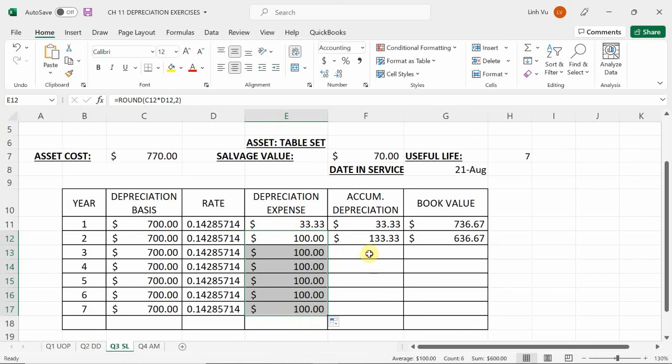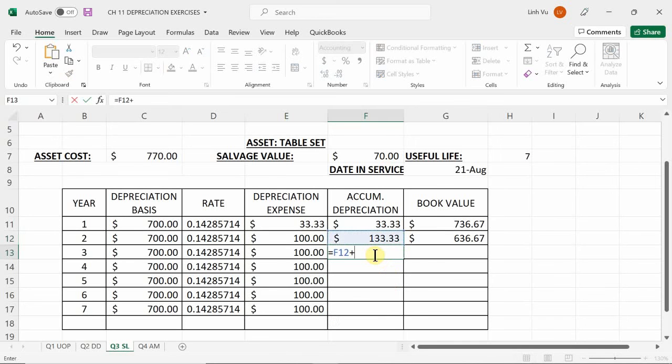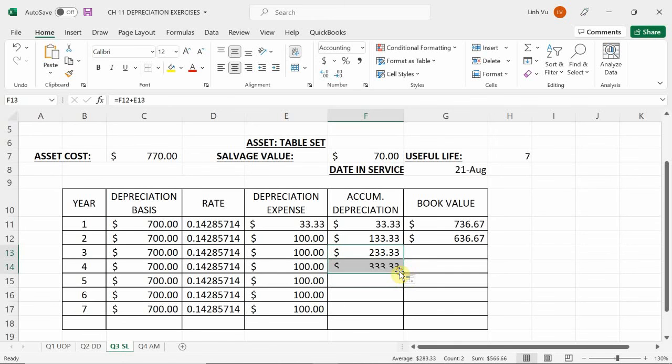So in this case, you're basically going to be increasing your accumulated depreciation by $100. So it's going to be $233, $333, $433, $533, and $633. Straightforward. Same thing with your book value.